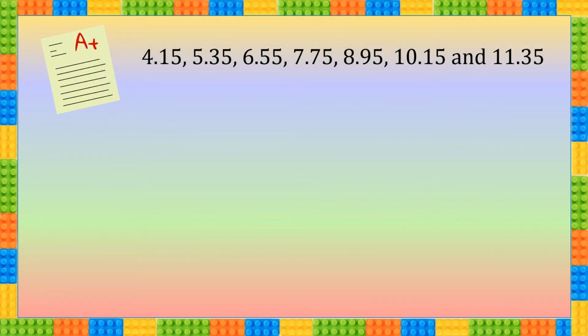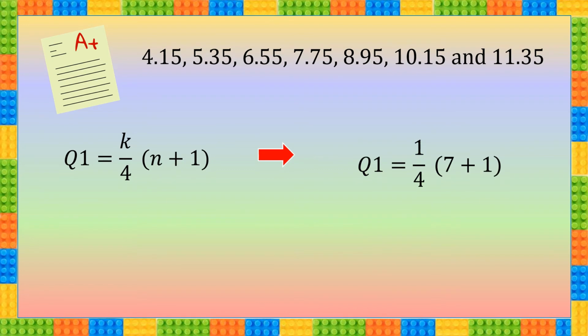In the first question, what do you think is the formula we're going to use? This? Yes? Great! Now, we will solve quartile 1. We're going to substitute the values into the formula. K is equal to the quartile that we're going to solve, which is 1, and n is equal to how many data is given.